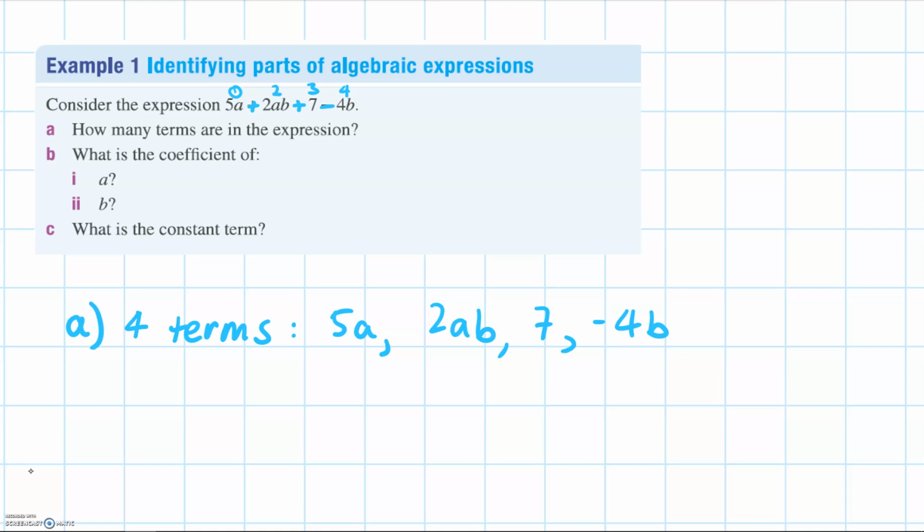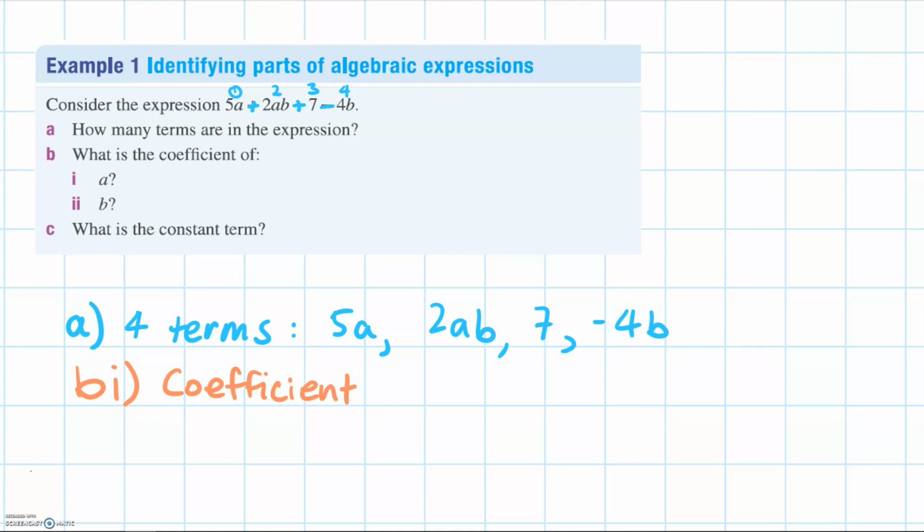Okay. Part B. I want to find the coefficient of 2 of my terms, pronumerals. So the first one is a. Coefficient of a. Now, if you remember, I said up above, the coefficient is just the number before that pronumeral. So I'm going to look for the term that has an a in my expression.